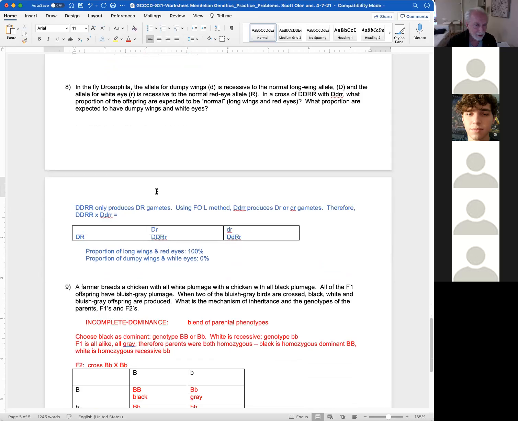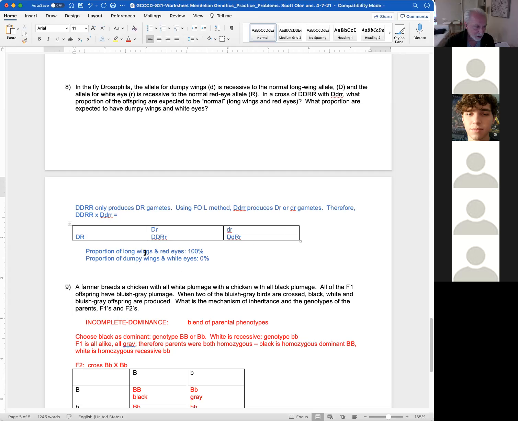Well, this question can be condensed because the one parent, big D, big R, can only produce one kind of gamete, big D and big R. Whereas the other parent can produce either big D, little r, or little d, little r gametes.